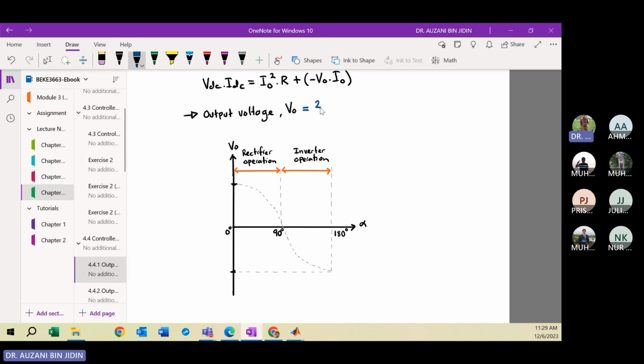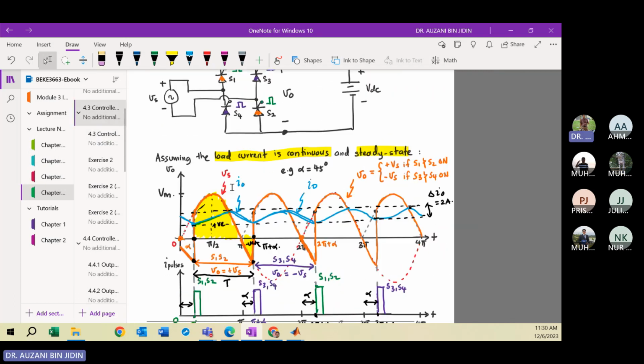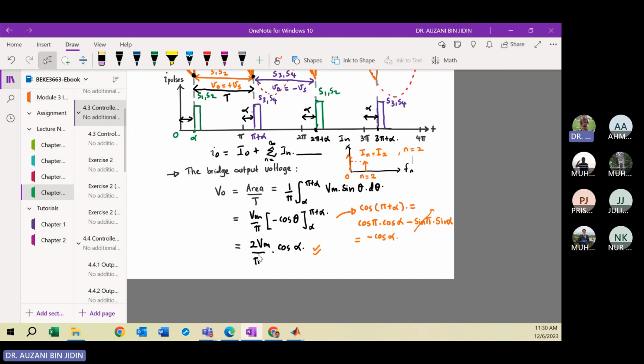Actually we have discussed last week, VO is 2Vm divided by pi, multiplied by cos alpha. Here, 2Vm per pi cos alpha.